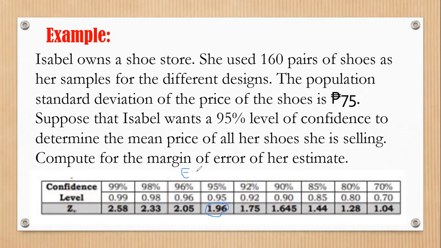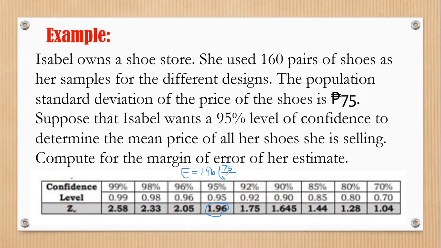It is equal to 1.96 times the quantity, population SD. What's our population SD from the problem? The population SD is 75 pesos, divided by the square root of our n.